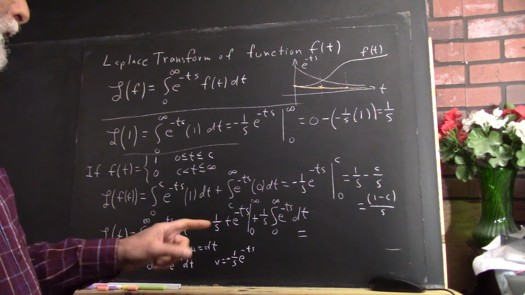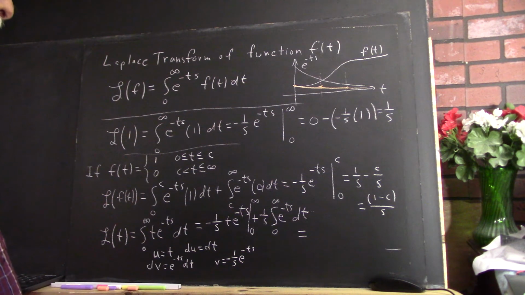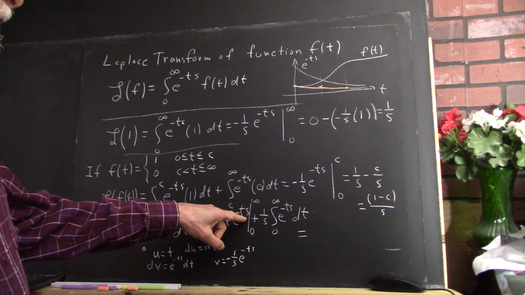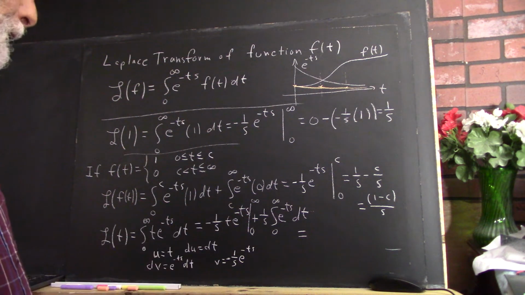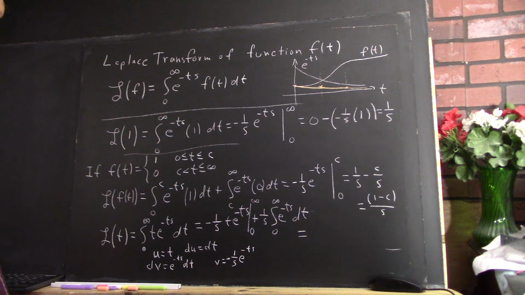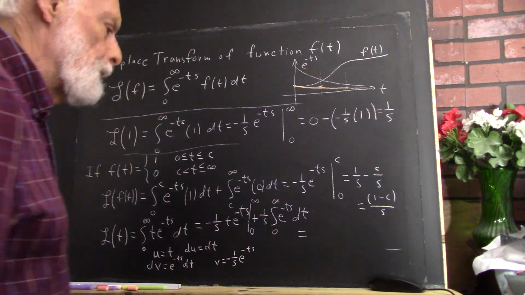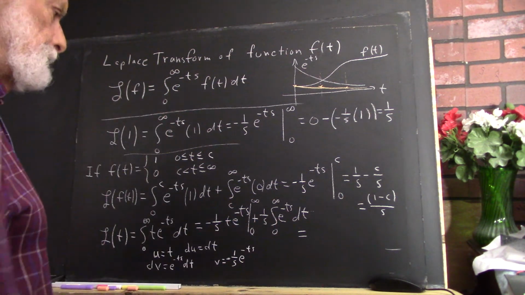As t approaches infinity, t e to the negative ts will still approach 0. It's going to give you 0, which doesn't seem right, but I guess it probably is right. Okay, so this is 0.